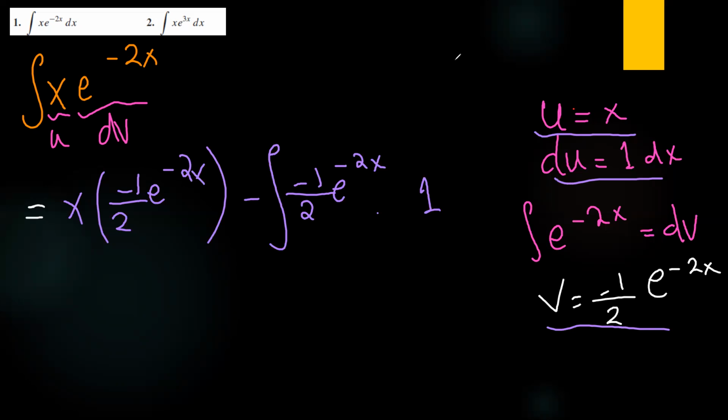I'll repeat, the formula was the integration of u dv will be u times v minus the integration of v du. Then, teacher, isn't du equal to dx? 1 dx, yes.